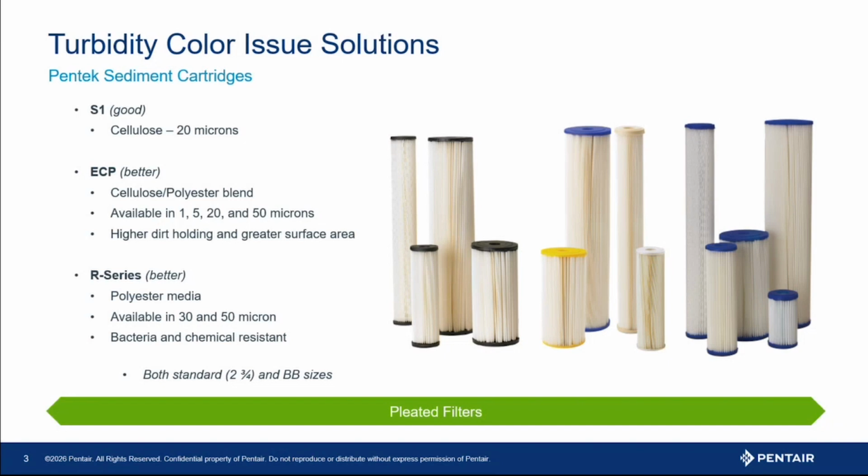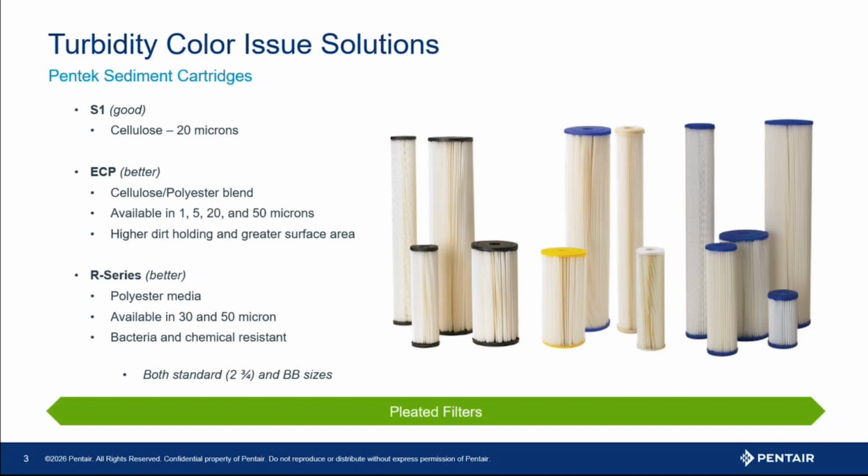Let's say this is going to give you that large particulate removal in a robust cartridge that's going to withstand some chemical injections and things like that. But if you're just looking for straight particulate removal on a well source, more so than a municipal, because you're going to have sanitizers there, the ECP is a cellulose polyester blend available down to 1 micron.